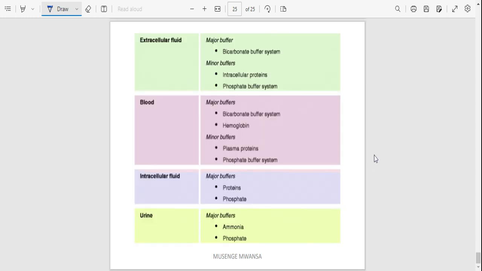This is a table that summarizes where we're going to be able to find these buffer systems. Outside the cell, in the extracellular fluid, the major buffer is the bicarbonate buffer system. Then we also have minor ones like the proteins outside the cell and the phosphate buffer system.